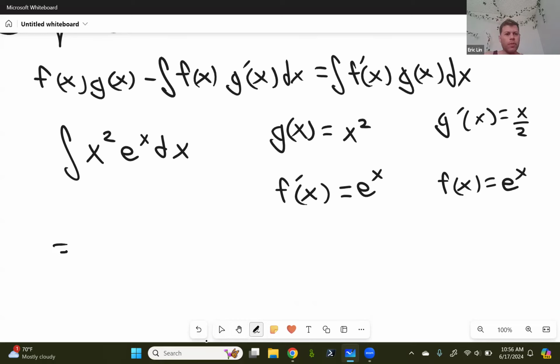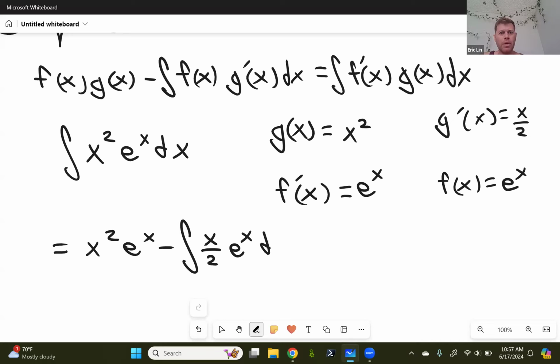So using our formula, we can say that this integral is equal to x squared e to the x minus the integral, which is f times g prime of x. So that's x over 2, that's g prime, and then e to the x, that's f.